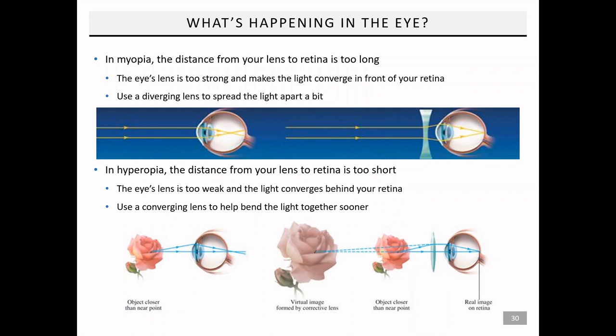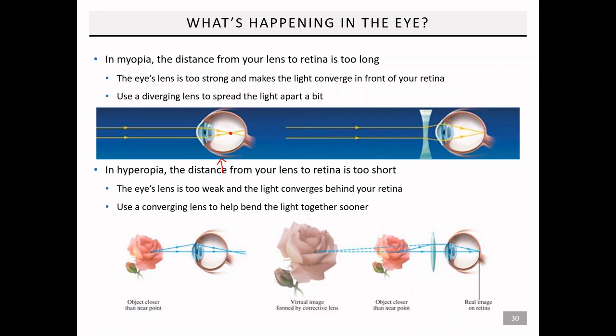The reason for myopia is that the distance from your lens to your retina is too long. This is shown in the image here on the top left. The distance between the lens and the retina is too long, so the light rays focus at a point too close to the lens.